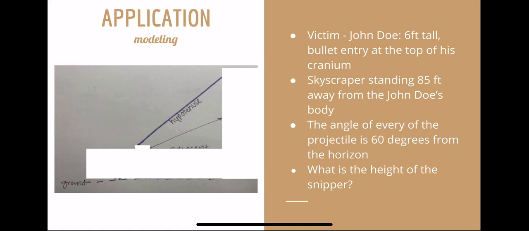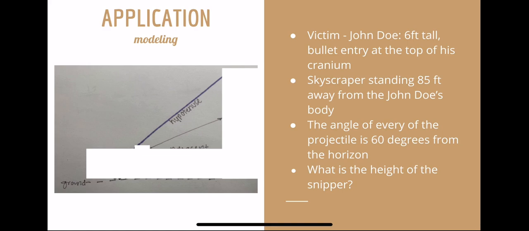So that way we can write how tall he was and how far he is off the ground. And a skyscraper is standing 85 feet away from John Doe's body. This way we can write how far the sniper could have been, creating an adjacent angle.